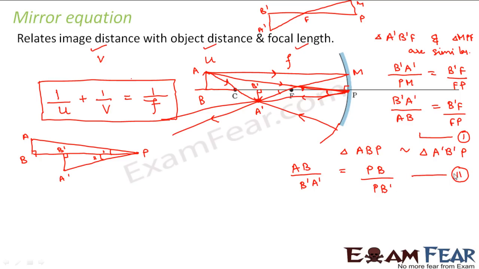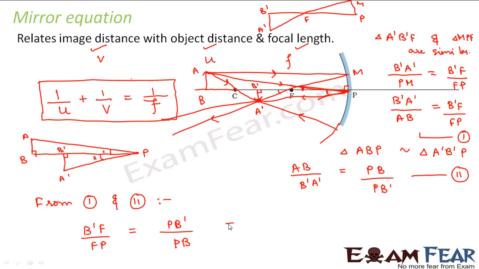Let me call this equation 2. If you compare equation 1 and equation 2, you see that the right hand side has similar values, right? So from equation 1 and equation 2, B dash F divided by FP is equal to PB dash divided by PB.